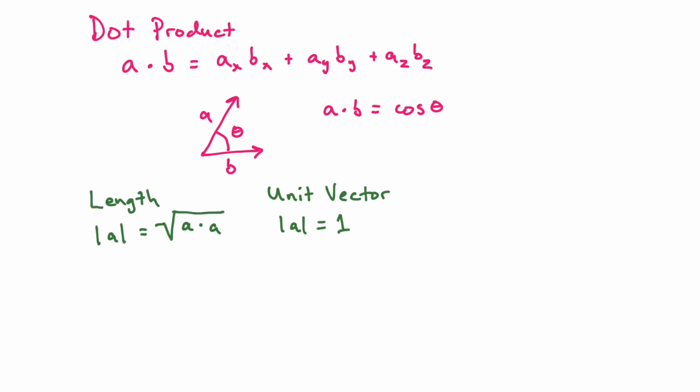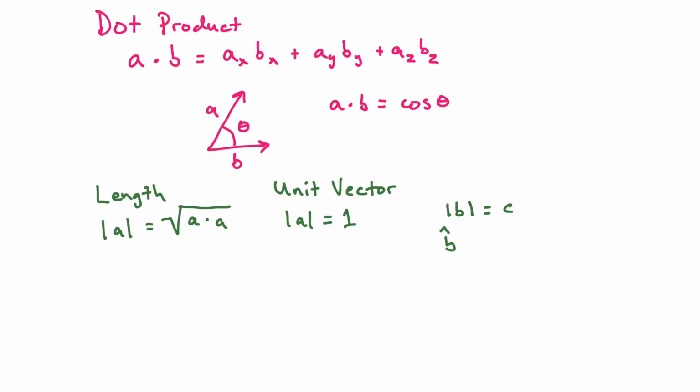And if we want to make a unit vector, all we have to do is divide its components by its length. So let's just say that the length of b is some constant c. Then we can convert b into a unit vector by just dividing the x, y, and z components by the length.